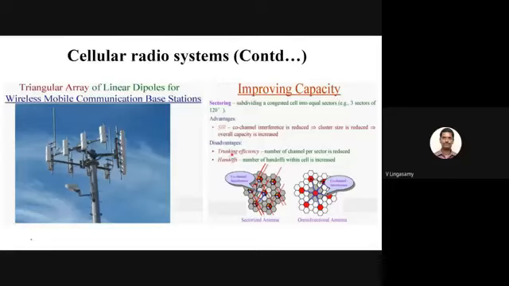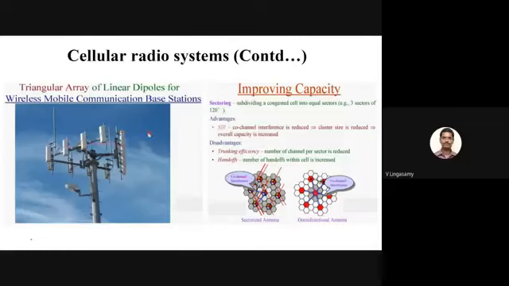But the disadvantage is that the number of channels per sector will be reduced. Instead of the single cell approach, where you transmit multiple channels in all directions, and whenever a user comes it picks a channel and starts conversing, here we have to segregate.